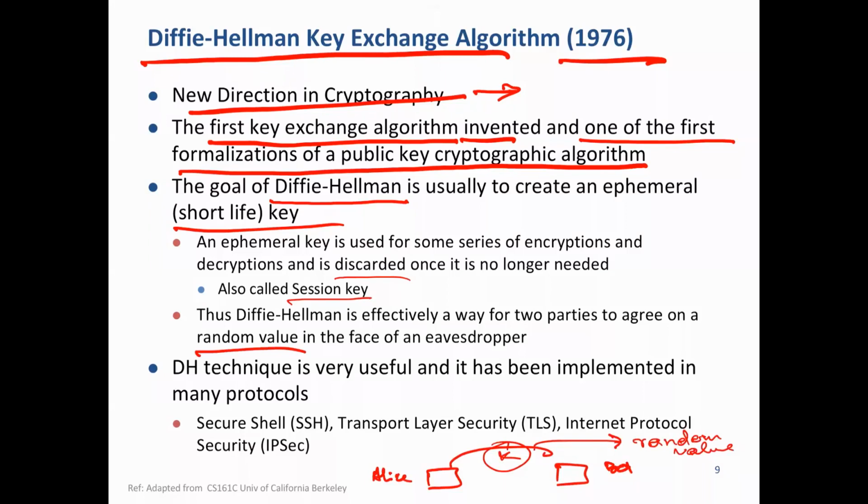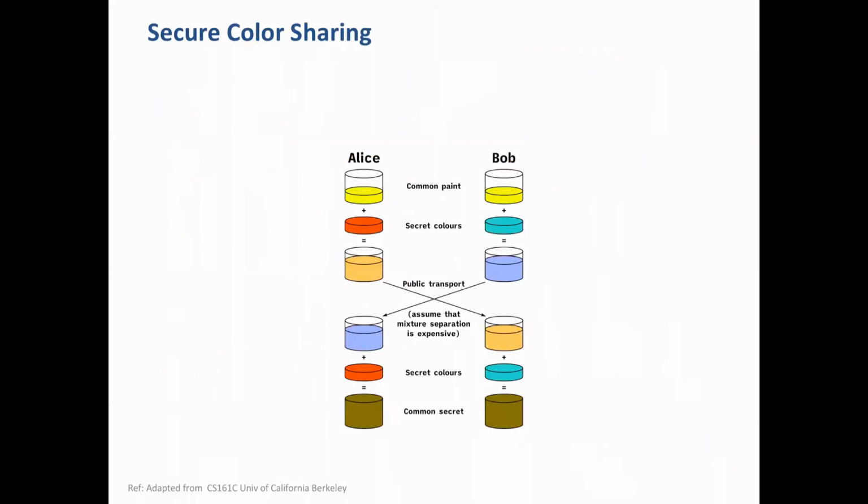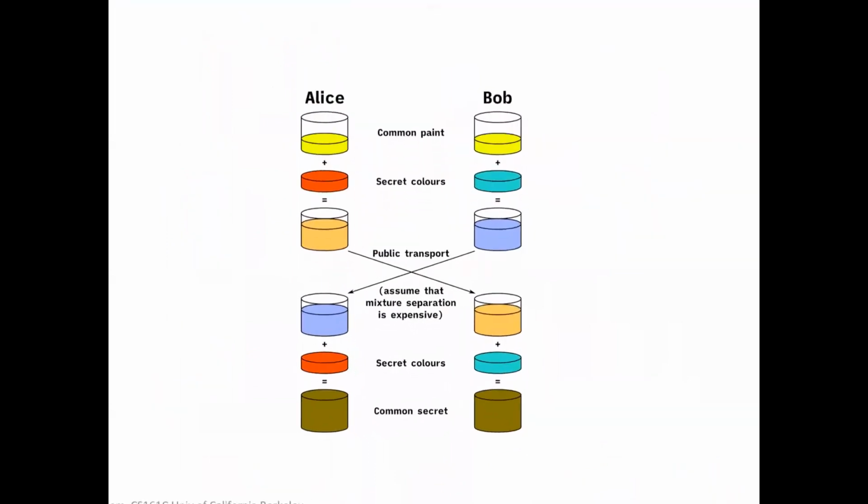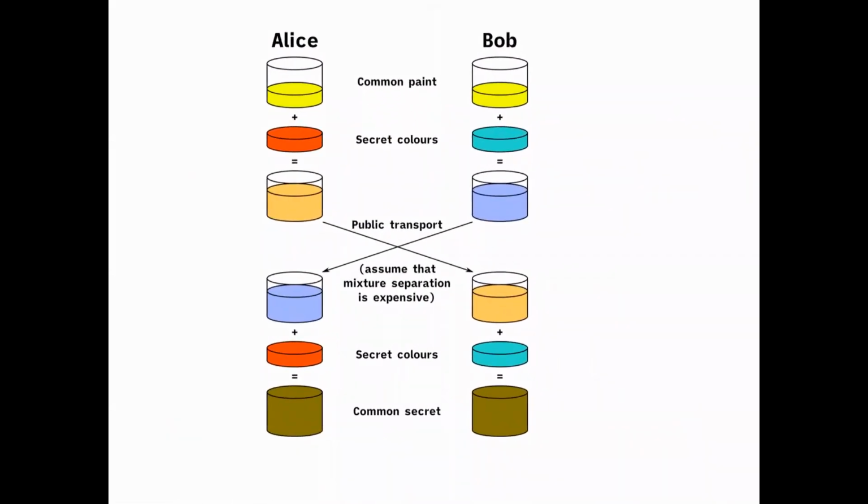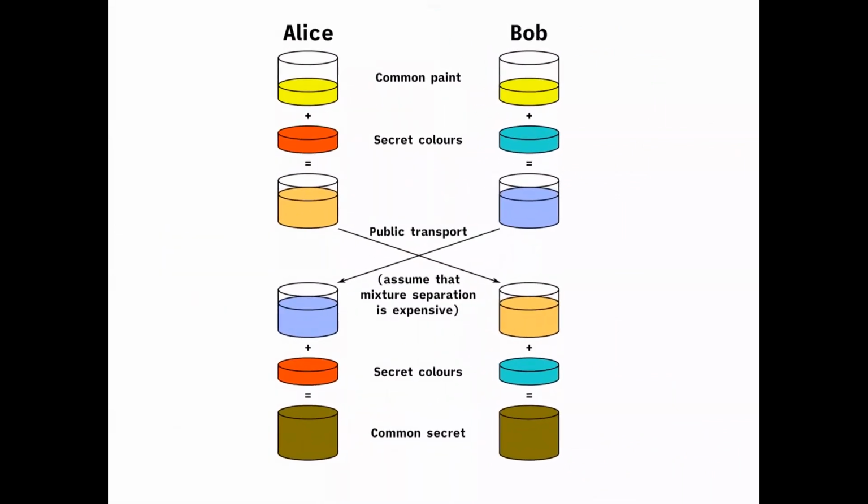All right, and this Diffie Hellman scheme is used in SSH, TLS, and IPsec. Okay, now let's look at this simple diagram. Can you see this diagram? Now this is not an exact analogy, but it will give you some idea about it. Let's say Alice and Bob agree on a common color, say yellow, and this is publicly known.